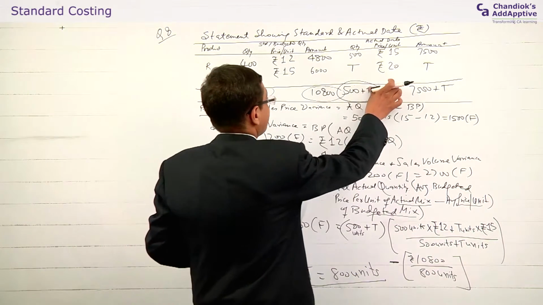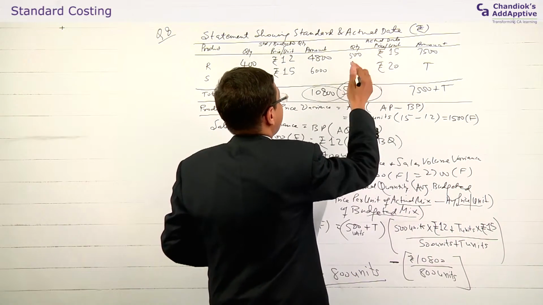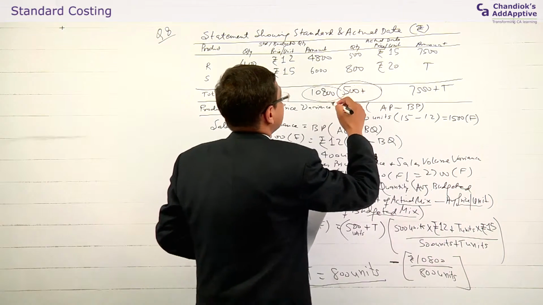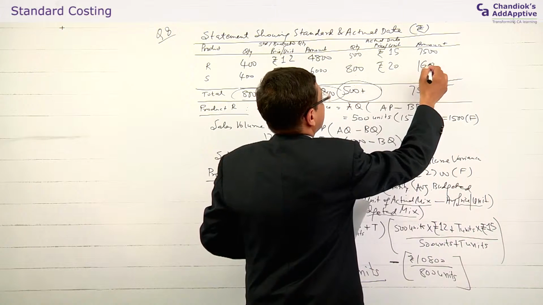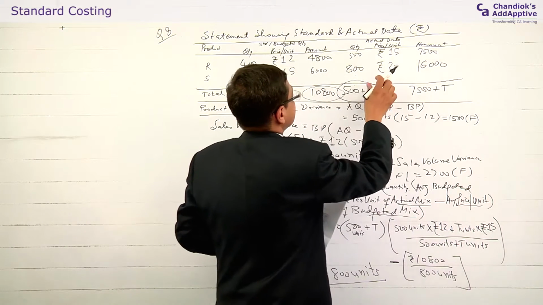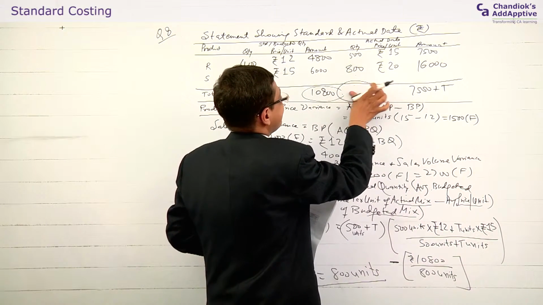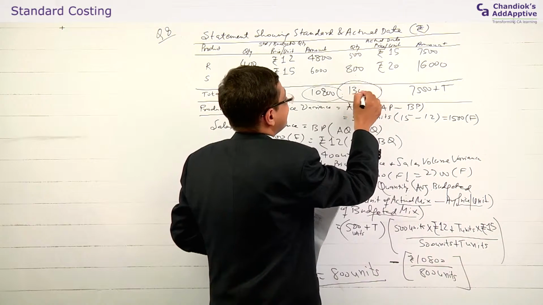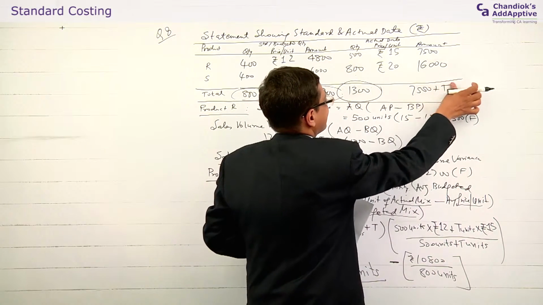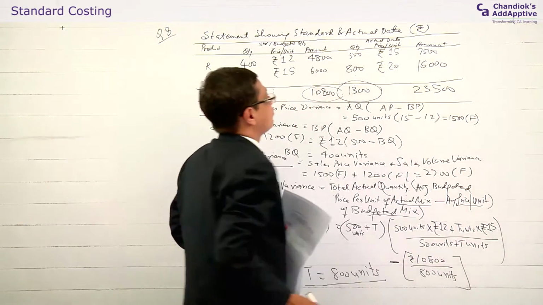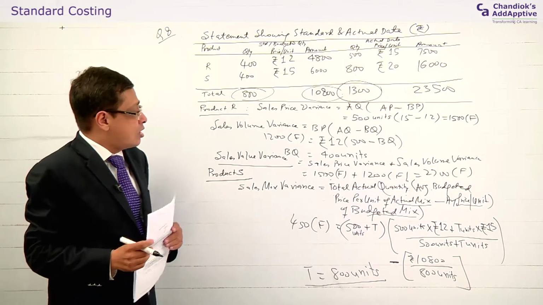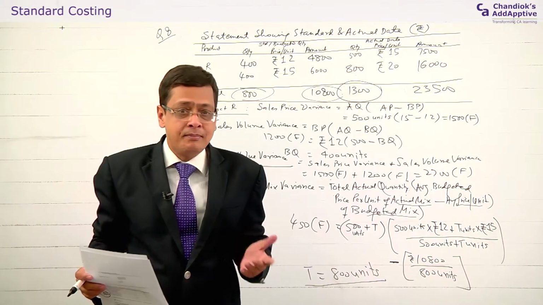So, please finish this. You write 800 here. So, 800 into 20, it is 16,000. 500 plus 800, this is 1300, and this becomes 23,500. So, this is how the table is completed.